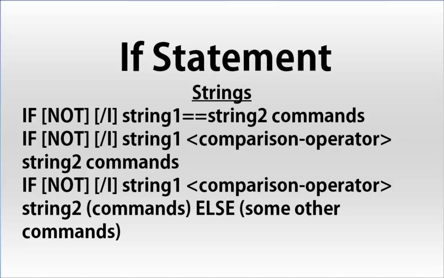The second one is: if, not is optional again, /i, string1, some comparison operator, string2, then commands. And the third one is if-else: if, optional not, optional /i, string1, some comparison operator, string2, commands, else, if the condition is not met, then do some other commands. We'll see these by an example.